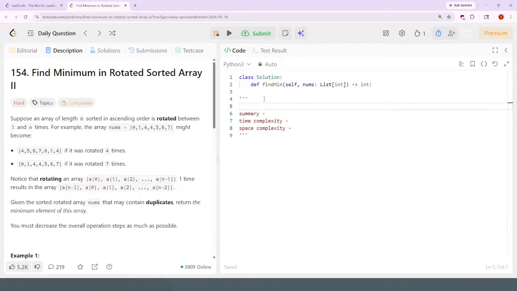So let's go ahead and take an example here. 0, 1, 4, 4. See, how do I make this hard on myself? 4, 5, 6, 6, and then 0, 4, 5, 6, 6, 6, 0, 1, 2.